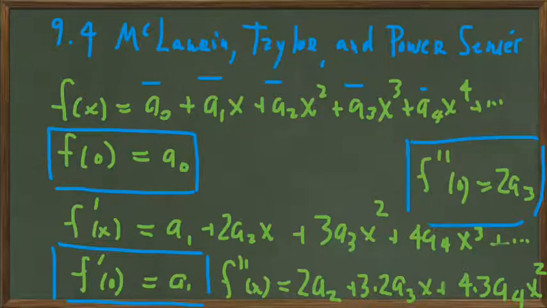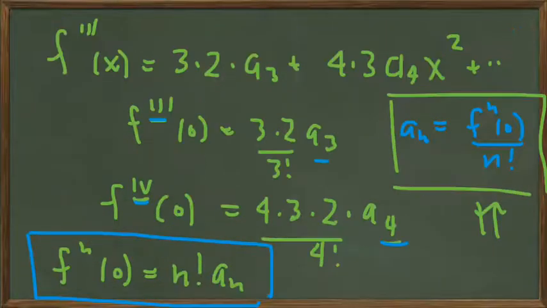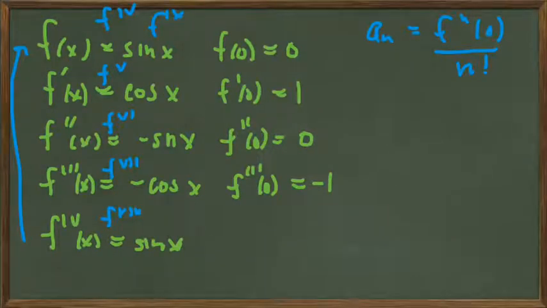So let's apply this result that we know how to get the coefficients, and do that for the sine function. I've filled in here what happens since the process repeats.